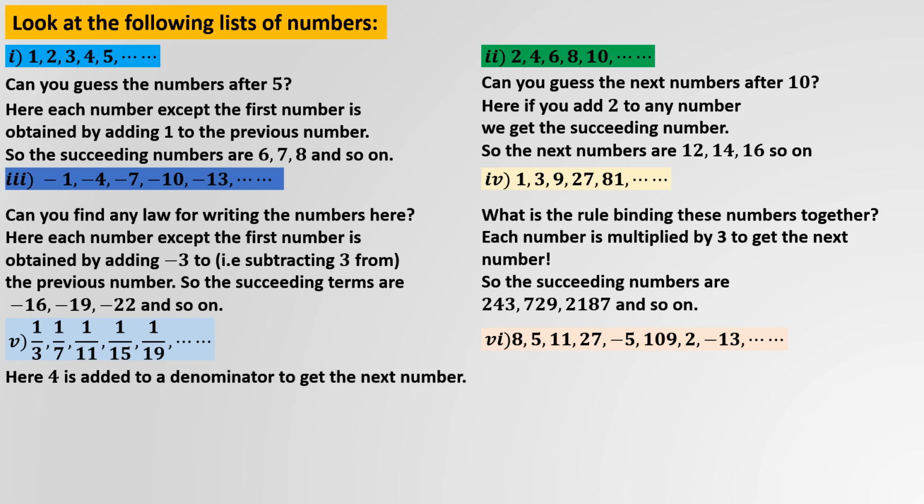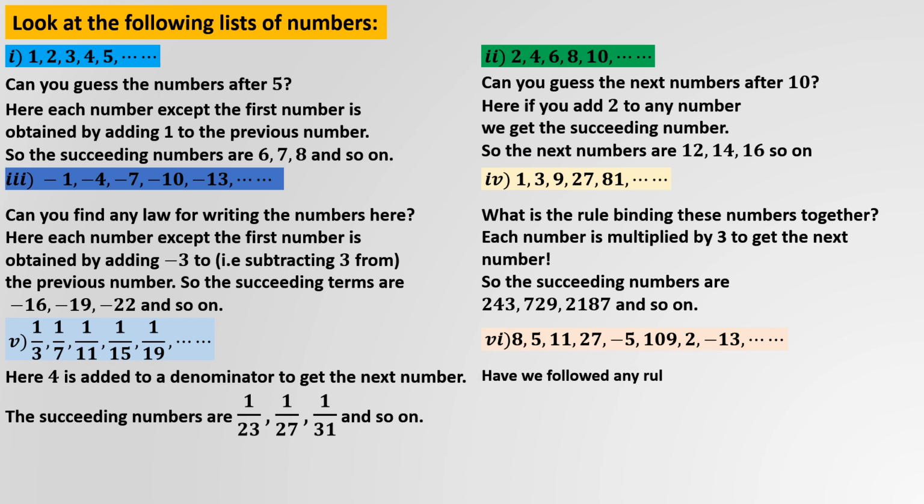Now, look at the fifth list. Here, 4 is added to the denominator to get the next number. The succeeding numbers are 1/23, 1/27, 1/31, and so on. Now look at the last list of numbers.